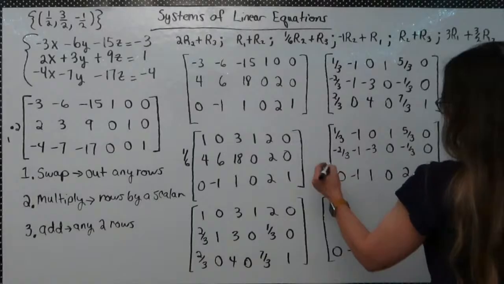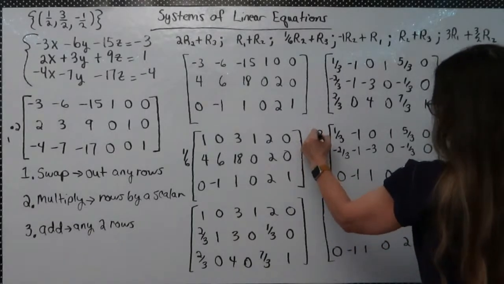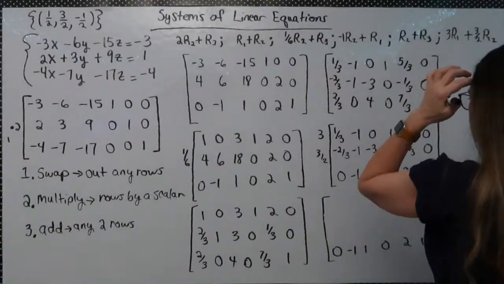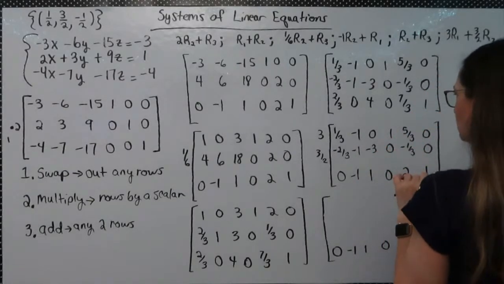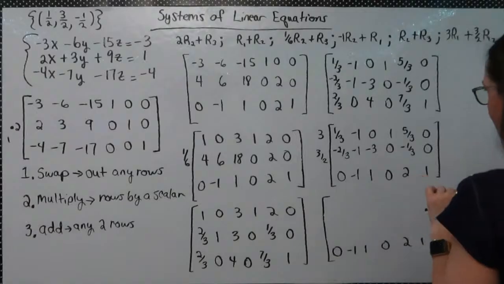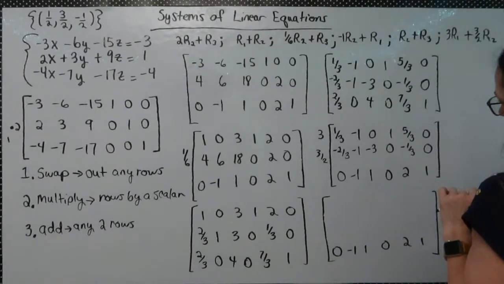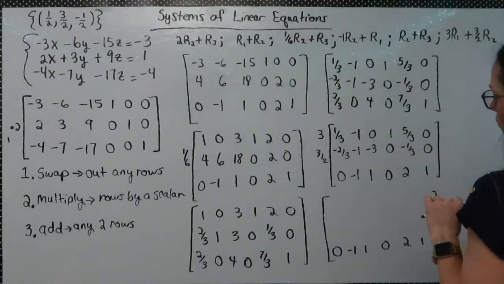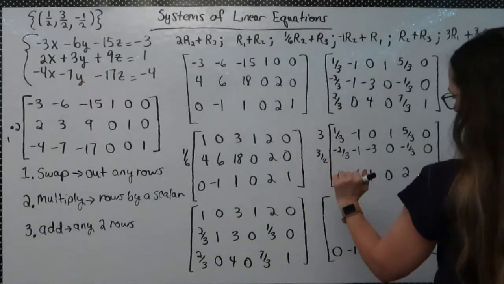And then we're going to say 3 over 2 and 3. And we're going to add them together. Which one do we want to replace real quick? We'll replace row 2 since there's not any zeros. And see where that gets us.